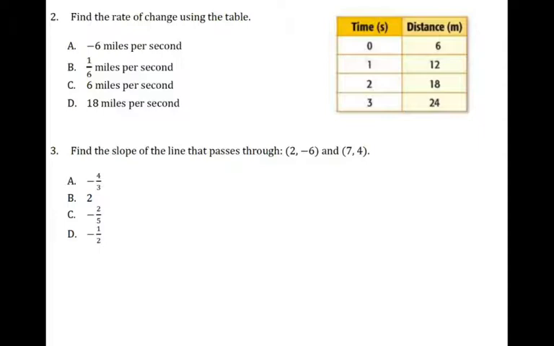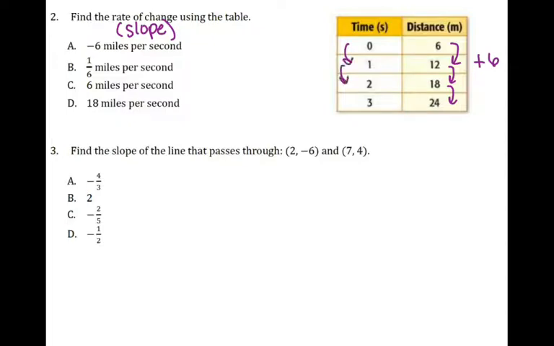Okay, find the rate of change using the table. So rate of change is another way to say slope. So find the slope using a table. Anytime I'm using a table, what I'm looking for is how I'm getting from number to number. If I look at my distance, I am increasing by 6 each time.